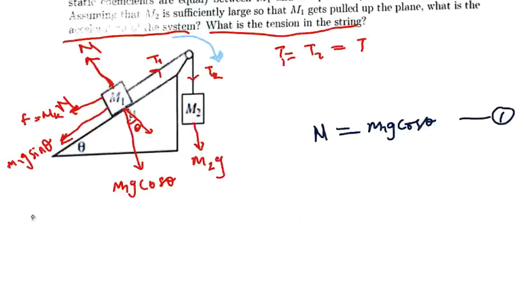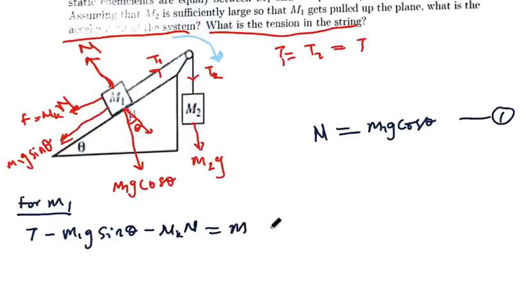And for mass m1, the net force will be equal to the tension T pointing upward, and both the weight component and the frictional force are pointing downward. So we have T1 minus m1 g sine theta minus the frictional force, which is mu k N, equal to m1 a, which is the net force.